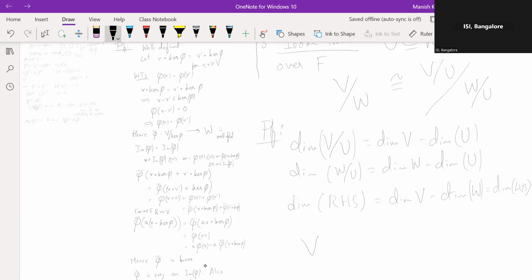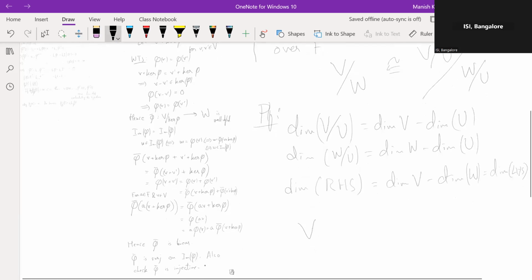The statement is stronger than there exists an isomorphism. I'll tell you what the isomorphism is. There is a natural isomorphism which exists. This is not useful in the linear algebra setup, but it will be useful in group theory, for instance, or maybe other things you study, modules, etc. It will be useful.